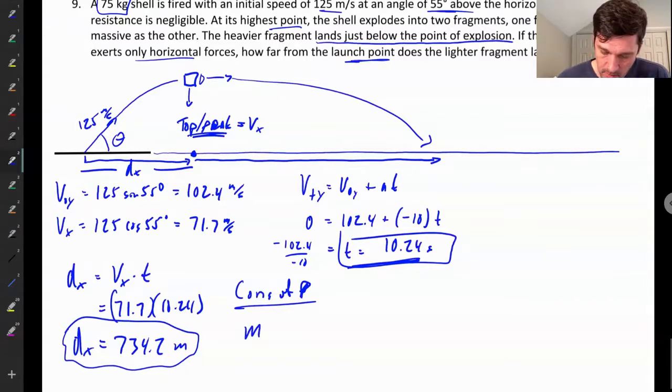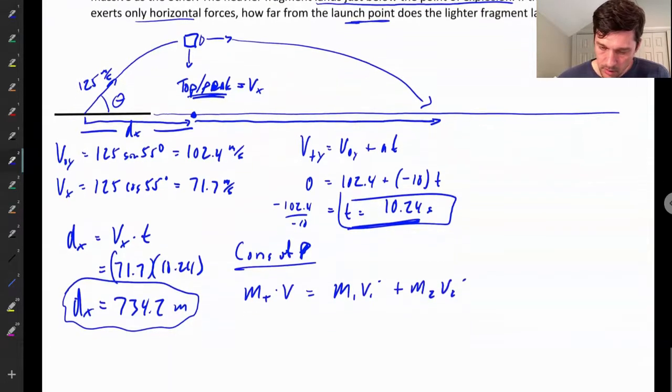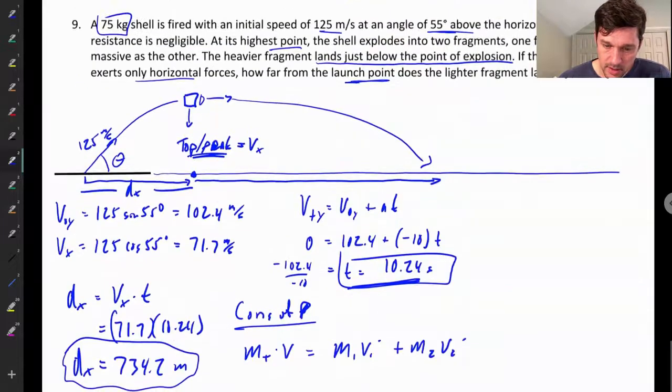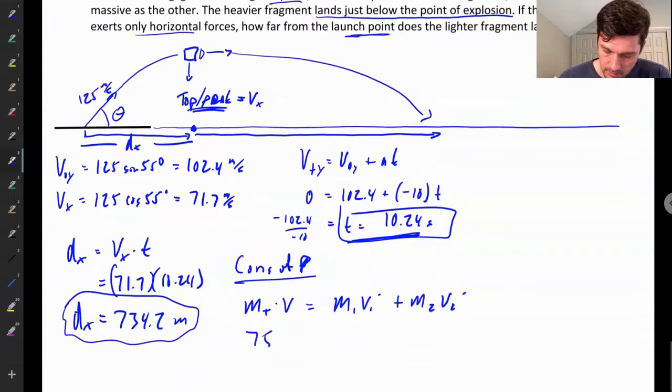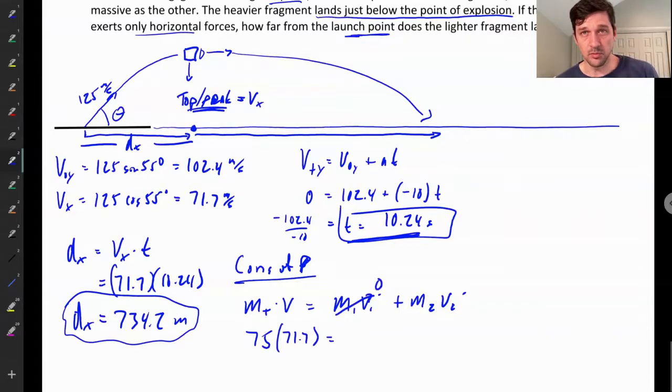So we've got m total times v turning into m1 v1 prime plus m2 v2 prime. The total mass is 75 kilograms, and its velocity in the x direction was 71.7. The larger piece is going to have no momentum after the explosion. It's stopped dead in its tracks, horizontally anyway. And so that means the small mass is going to get all of the momentum.